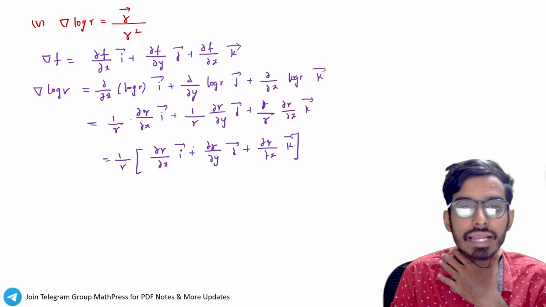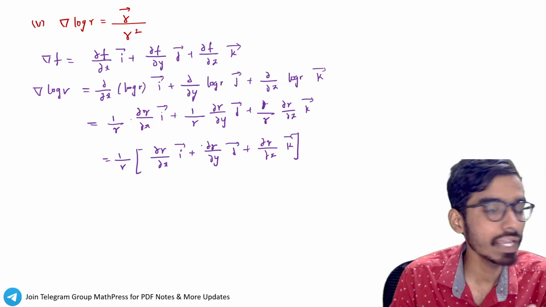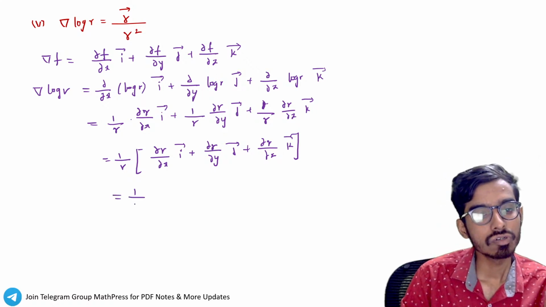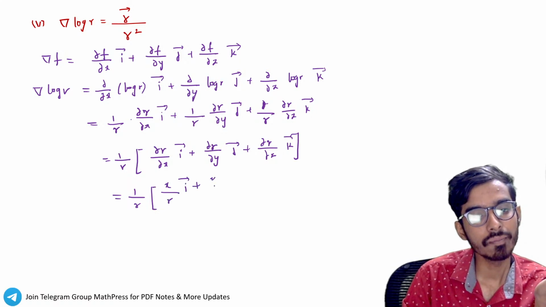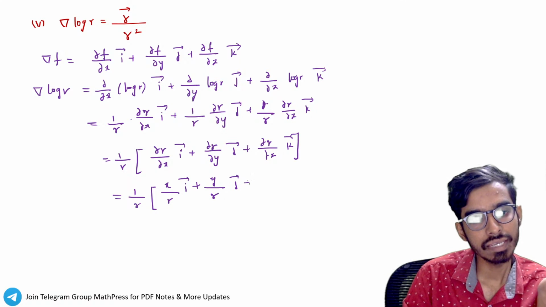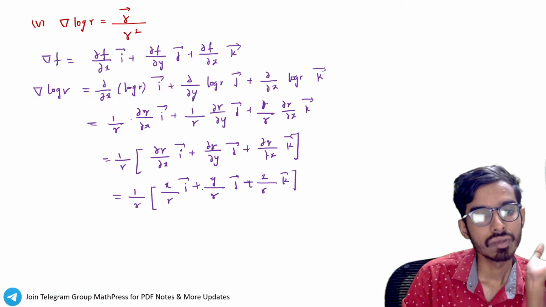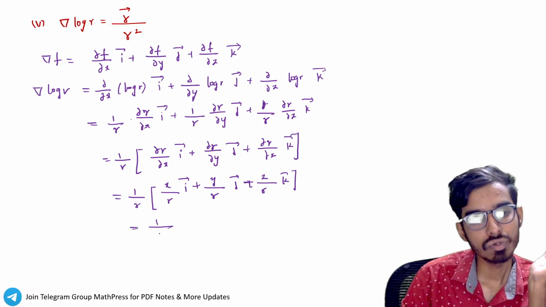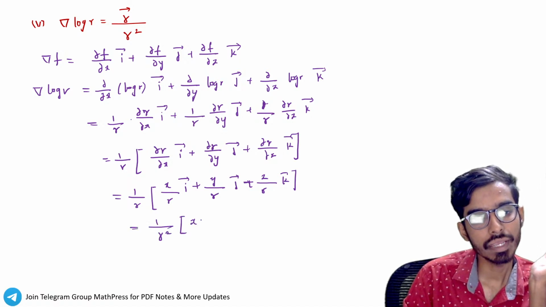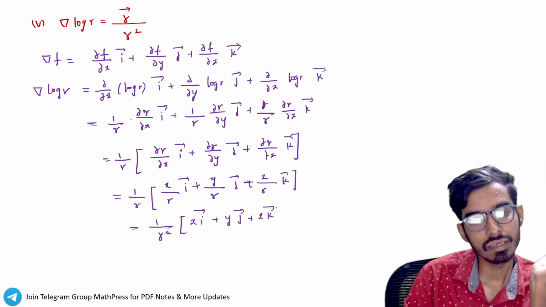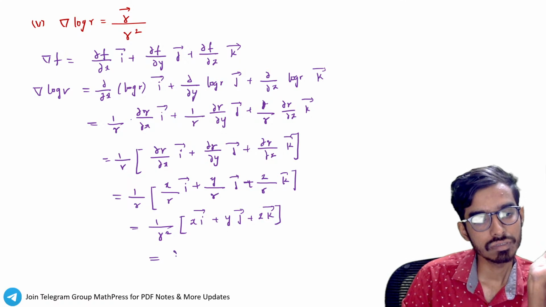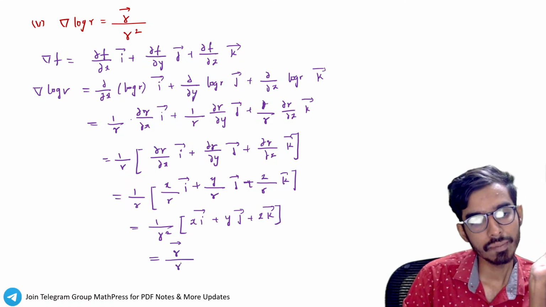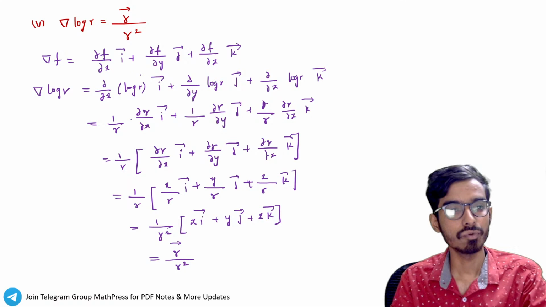And we already know the values of dou R by dou x, dou R by dou y, dou R by dou z, so I'll just substitute this directly. This is x by R i vector, y by R j vector, z by R k vector. So we just take this 1 by R outside. We'll be having 1 by R square into xi plus yj plus zk. This is R vector by R square. This is what we need to prove.